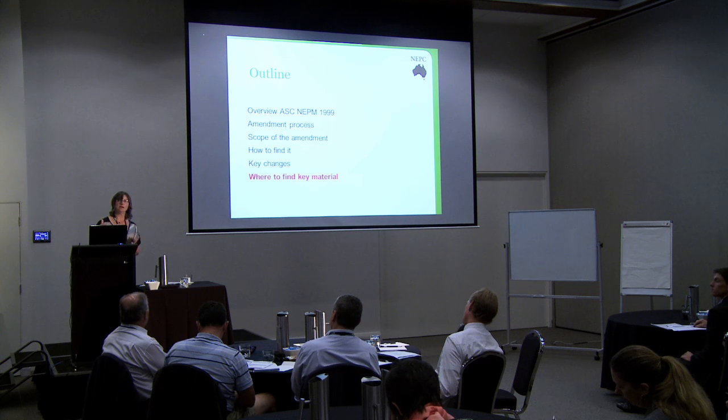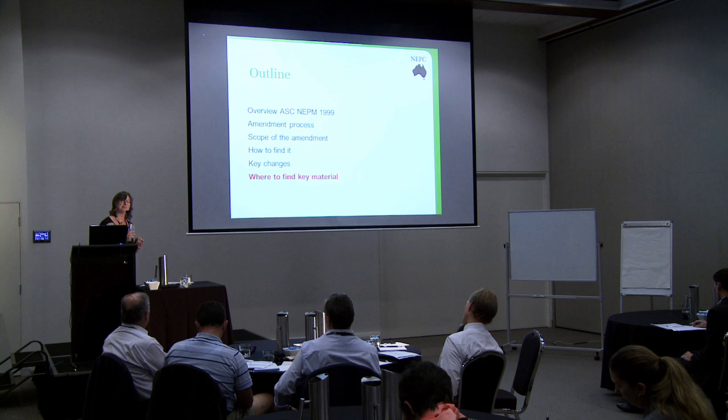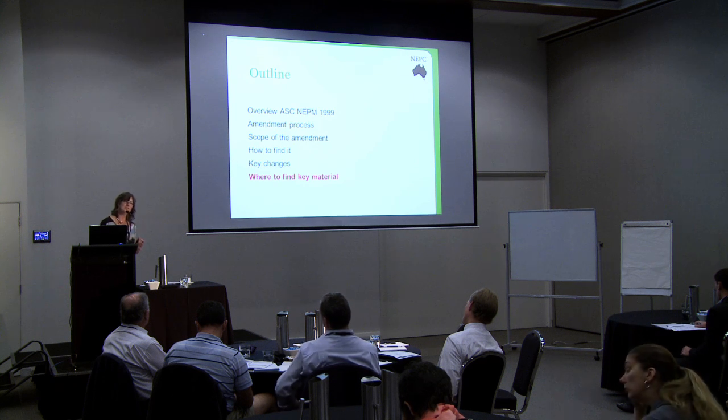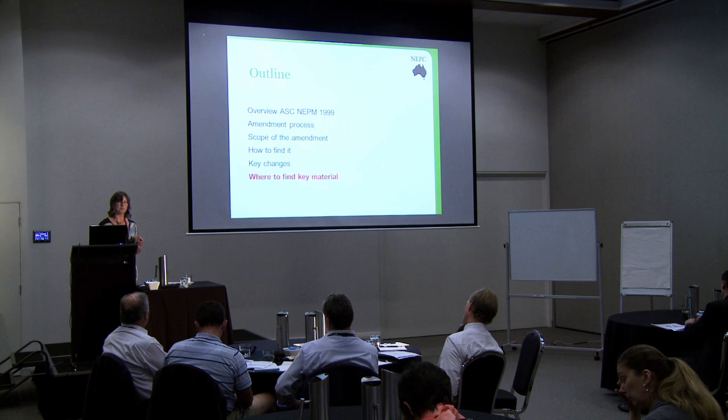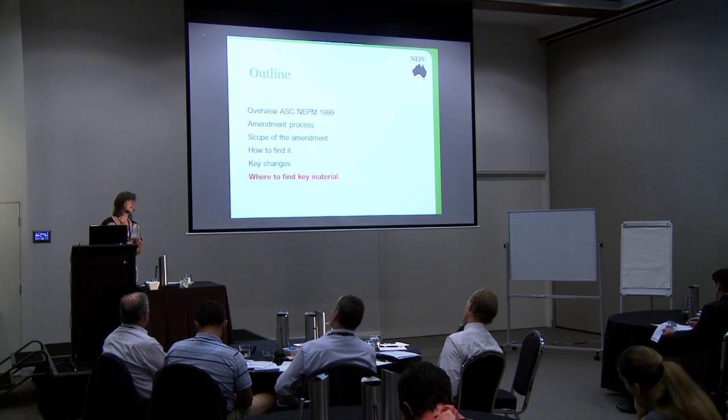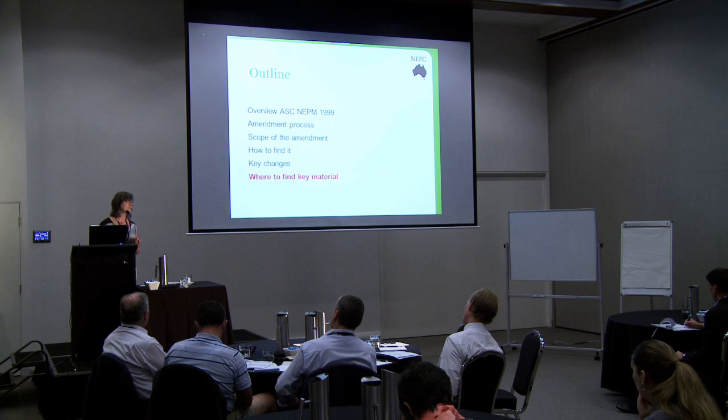There are a number of Excel spreadsheets. So there's one for calculating the HILs. You can see how they were calculated, and you can use that particular spreadsheet to see how they would vary if you vary them for site-specific circumstances.